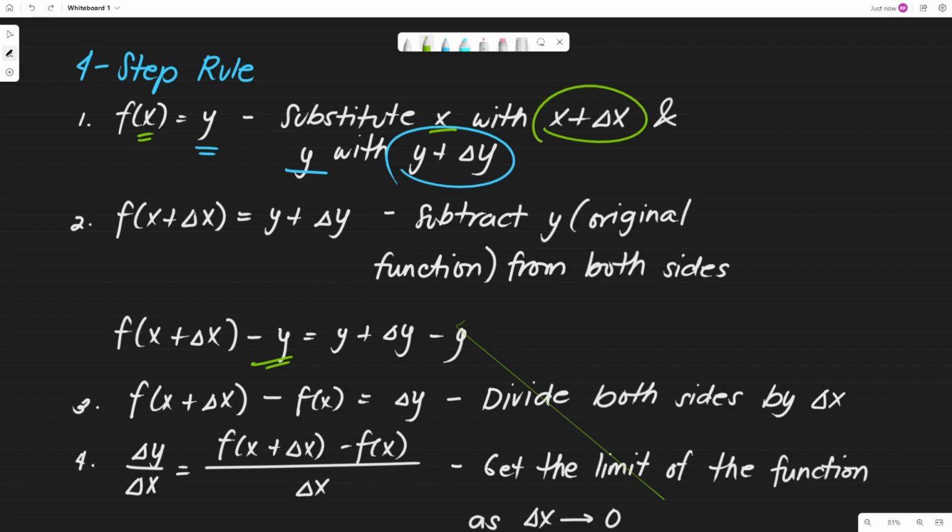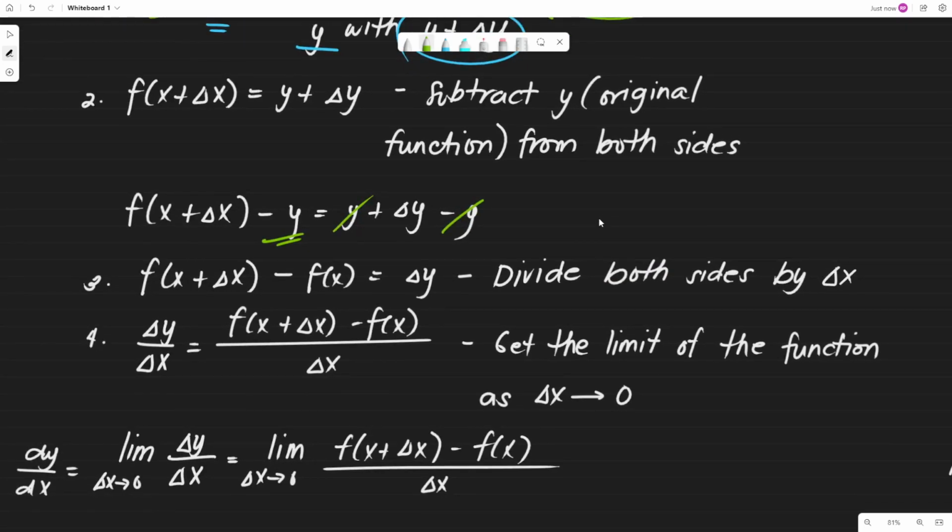So, we can actually cancel y. So, it will become 0. Then, yung y natin dito sa left side, no, since function of x yung ginagamit natin, we're just going to equate y with f of x. So, we will have f of x plus delta x minus f of x is equal to delta y.